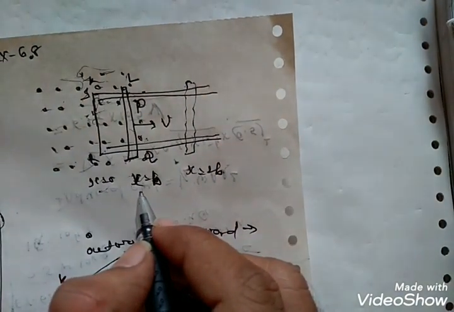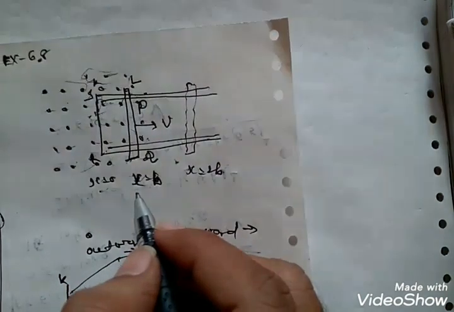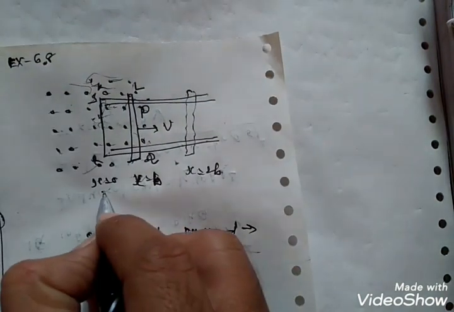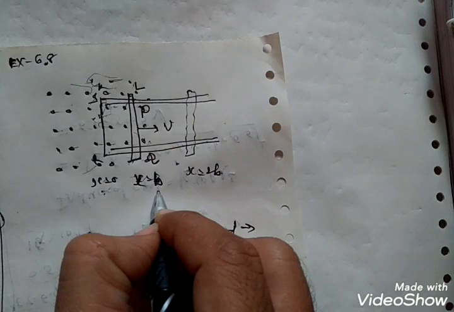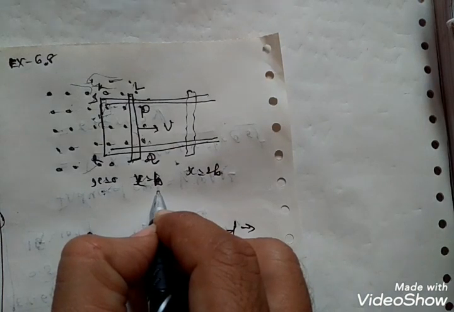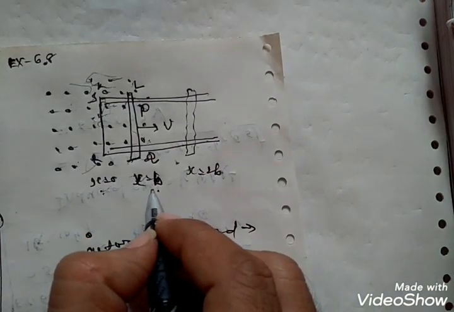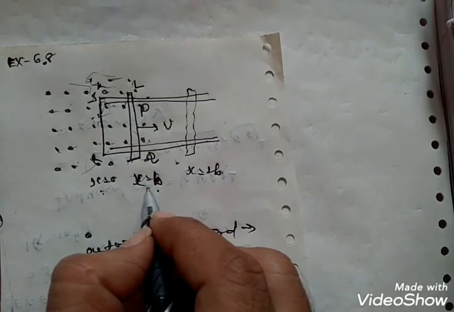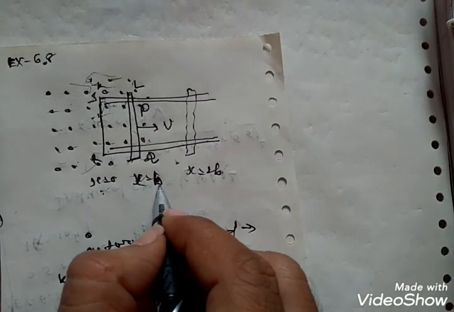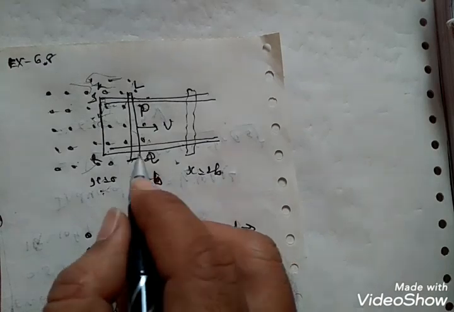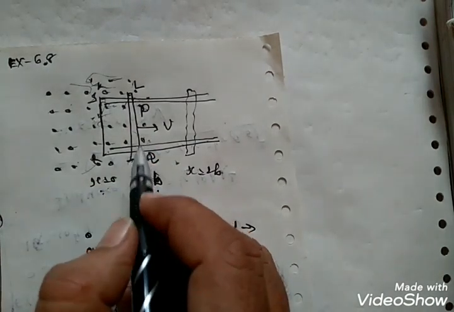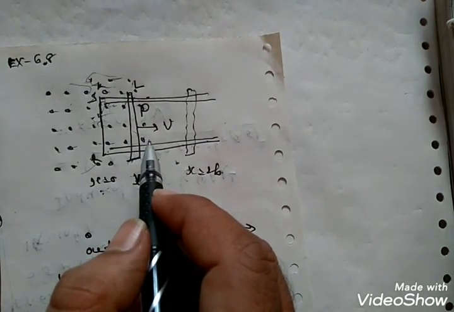The uniform magnetic field is perpendicular to the plane and extends from x is equal to 0 to x is equal to b, and is 0 for x beyond this. So only the arm PQ possesses substantial resistance R.